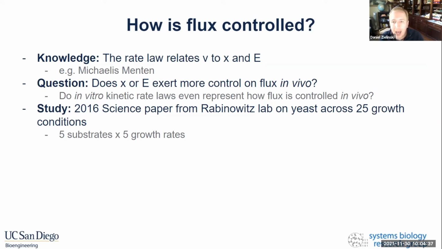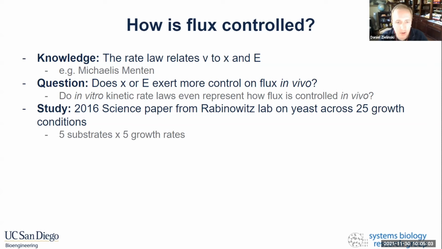Basically, how is flux controlled in vivo? And a more fundamental aspect of this that I find interesting, because a lot of people are skeptical about kinetic modeling, is can in vitro kinetic rate laws, all these models that we're building based on in vitro data, even represent at all how flux is controlled in vivo? Or are we just completely missing how it actually works in the cell because it's such a big mix of different things going on?